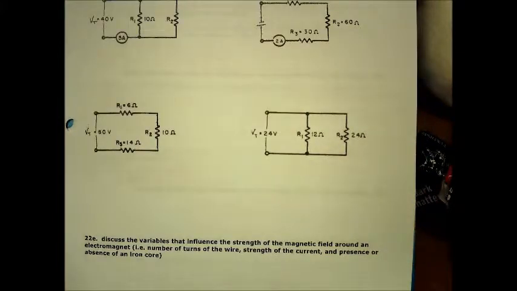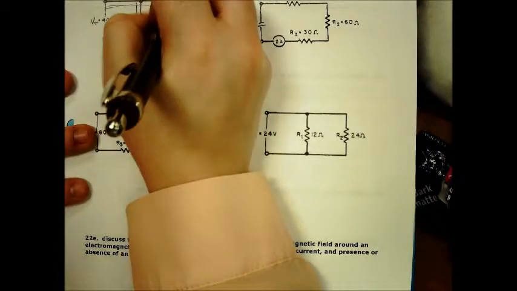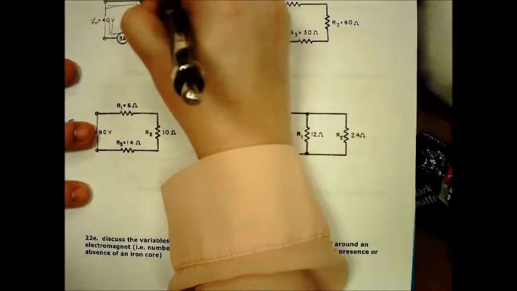All right. Circuit diagrams. It says to identify whether it's series or parallel, and then calculate the current, voltages, and resistances for each resistor, as well as the total current, voltage, and resistance for the circuit. Let's go through and just identify them first. This one has 2 paths the current can possibly take, which means that it's parallel.